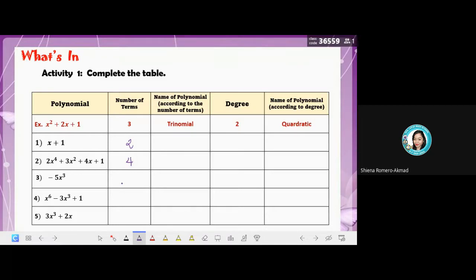Number 3? How about number 3? Ilang terms meron tayo? Arcelia? 1 po. Number 4, maternum. Ay, 3 po. 3. Number 5, vernal. 2. 2.